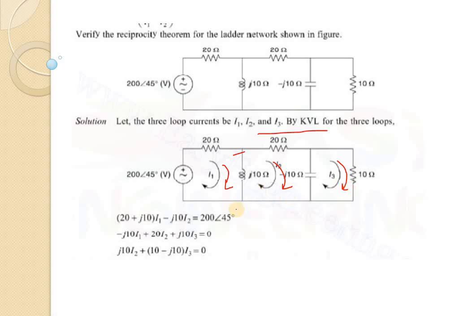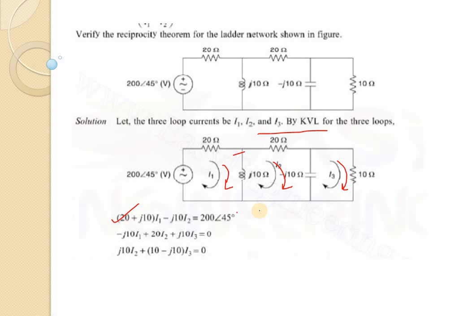The equation of the first loop will be 20 I1 plus j10 ohm times (I1 minus I2). That means ultimately (20 plus j10) I1 minus j10 I2 equals 200 angle 45 degrees. Next we applied KVL in loop 2.